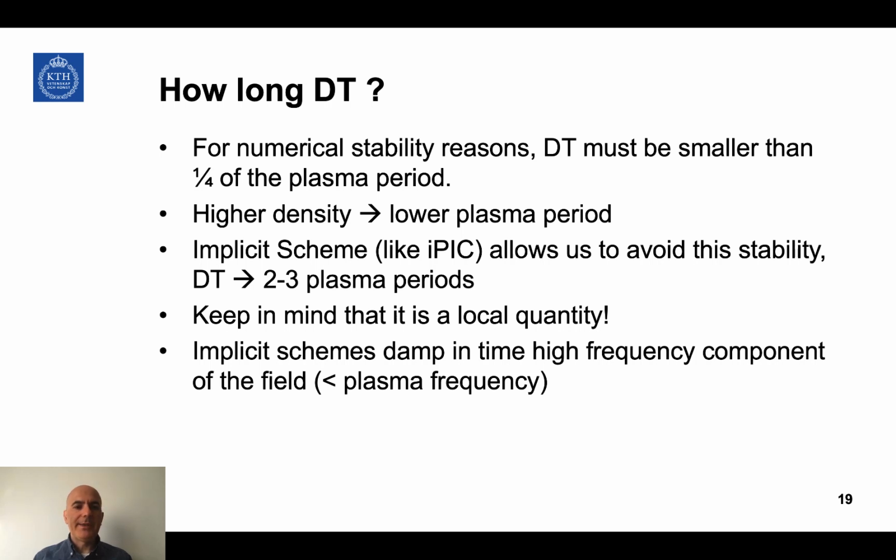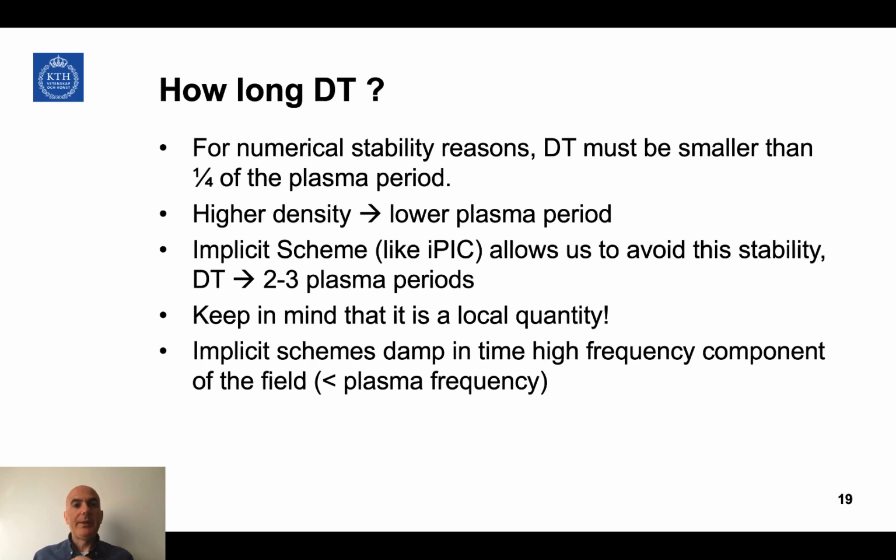The implicit scheme, like for instance the code we're going to use, allows us to avoid these stability constraints. Implicit schemes are unconditionally stable. So we can have a time step of 2-3 plasma periods, right? We don't sample the electric and magnetic field in this oscillation.